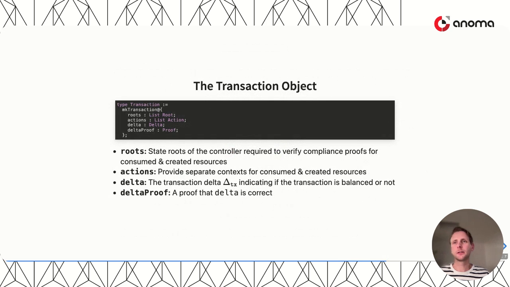Then there is an action field that contains a list of actions in which actually the resources are created and consumed. We'll see this in a bit. And the delta value we were discussing, and that should be 0 for a transaction to be balanced, and a proof that this delta value is correct.